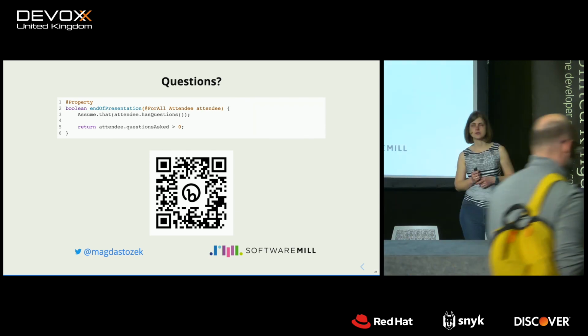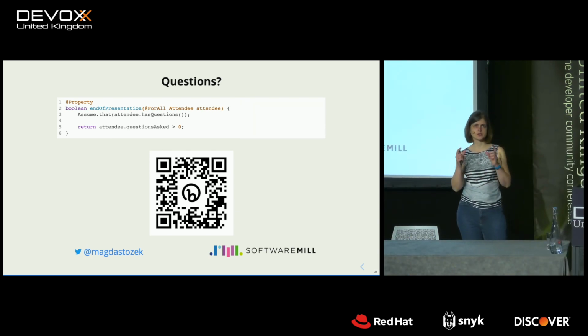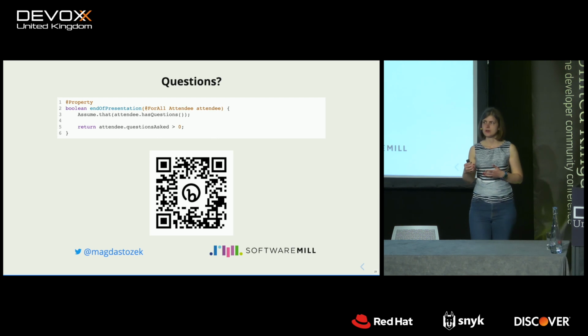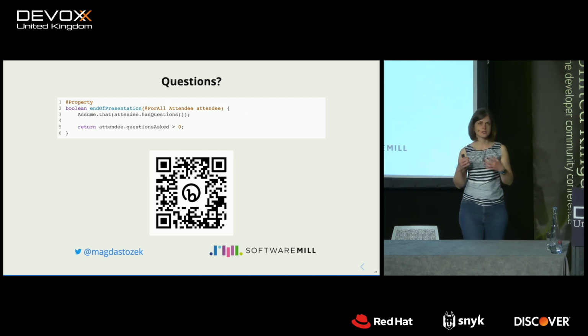So the question is, what is the size of the component that you might want to test with property-based testing? I guess it depends. You can treat it as any kind of the tests. So it's fine for you to use it in integration testing, for example, when you have a bigger piece of code and you want to make sure it behaves correctly. But with this consideration that maybe you don't run it 1,000 times.